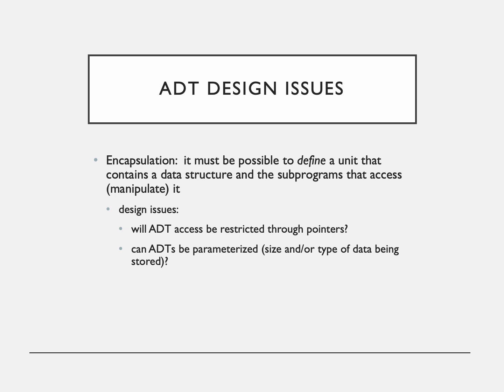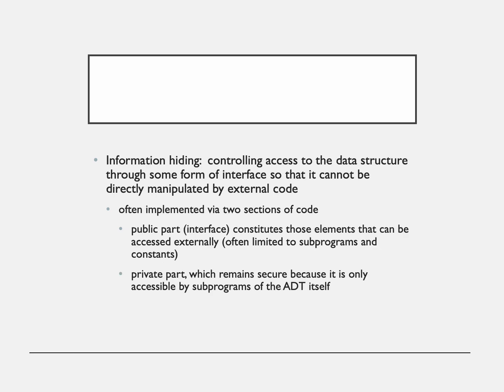Languages like C or C++ often allow pointer based access, while others like Python abstract that away. For the second, in other words, can we design the ADT to work with different types of data like integers, strings, or even user defined types? This leads to the idea of generic or template based programming, which we'll explore in more detail later.